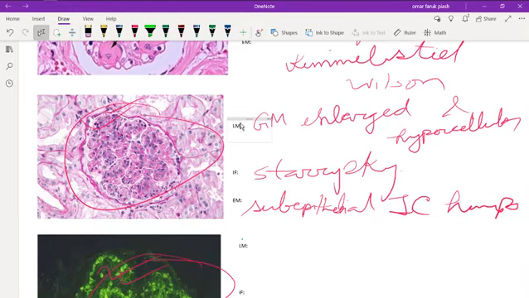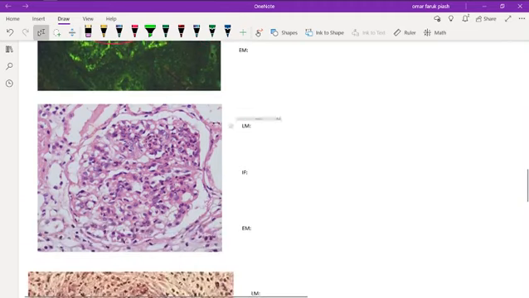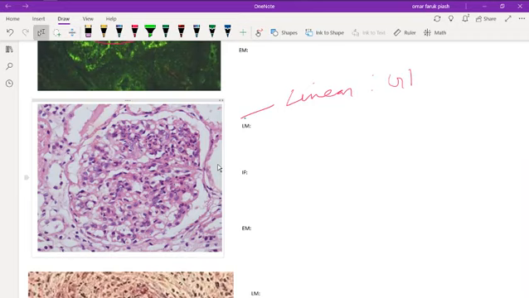Then the next one, RPGN, rapidly progressive glomerulonephritis. RPGN is divided into three types. It may be linear, and linear immunofluorescence is found in Goodpasture syndrome.